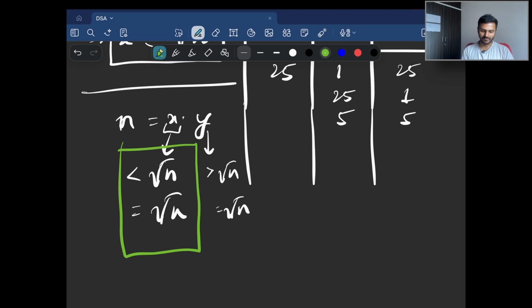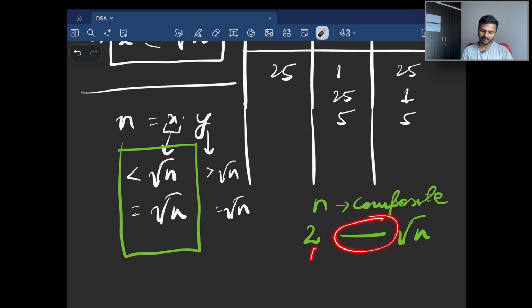And that is why if we go from, let's say, 2 to root n for a number, say n, which is composite, we will for sure get one of the divisors between this range. And if number is a prime number instead, then we won't get any divisors over here, right? And that is why when we have to find, say, divisors of a given number, or when we have to determine if a given number is a prime number or not, we go till root n.